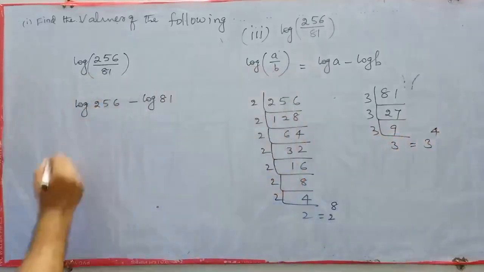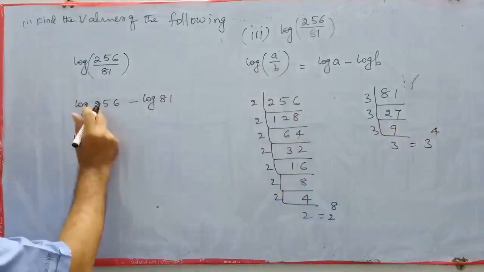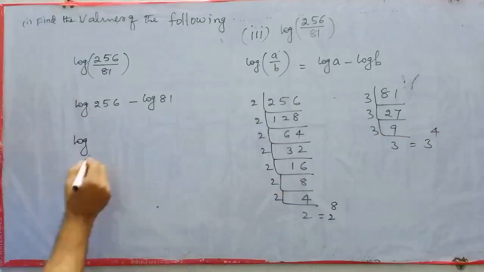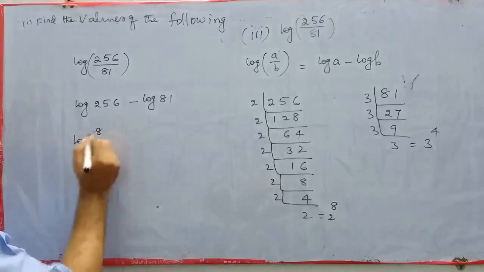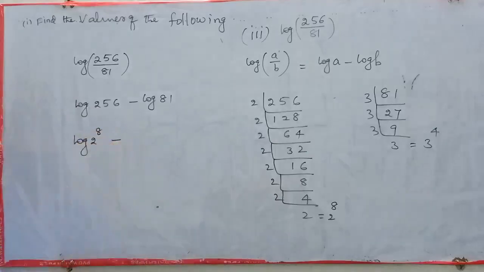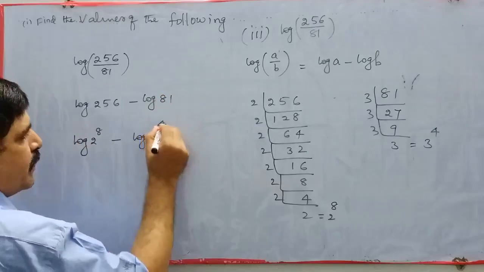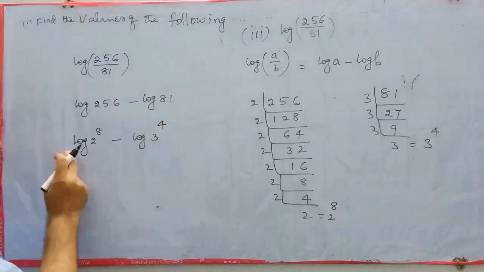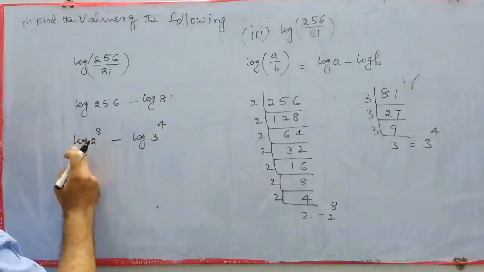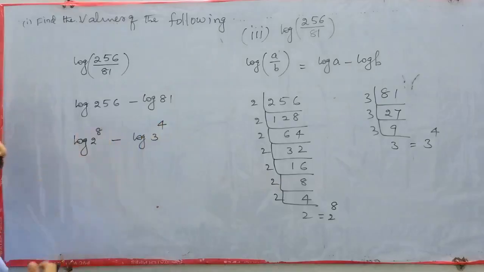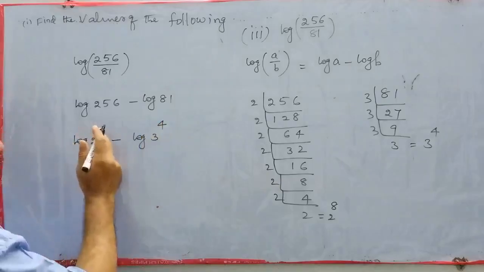Now log 256 can be written as log 2 to the power of 8 minus log 3 to the power of 4, since 81 is 3 to the power of 4. Now this is in the form of log a to the power of m, that is m log a.